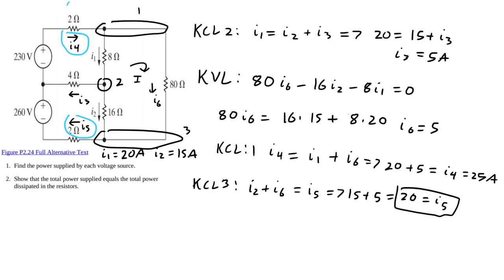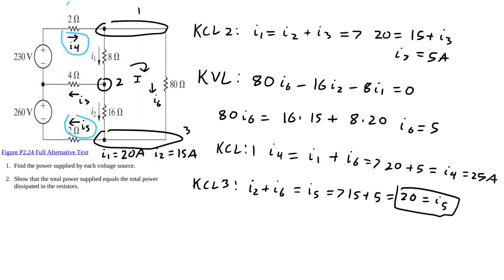Okay. So let's look at these one more time, make sure we got everything good. 25 and I got 20. Yeah, all these answers make sense. Everything's going in the right direction. Okay.